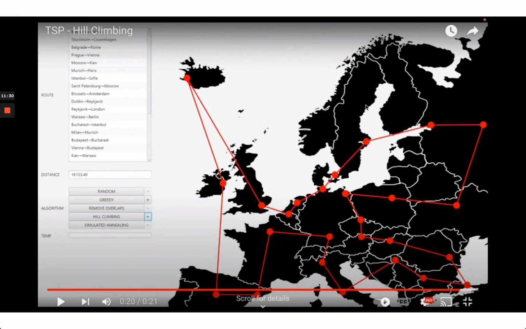What would keep me from getting to a better solution with even less distance? Anybody? What would keep me from getting to a better configuration?